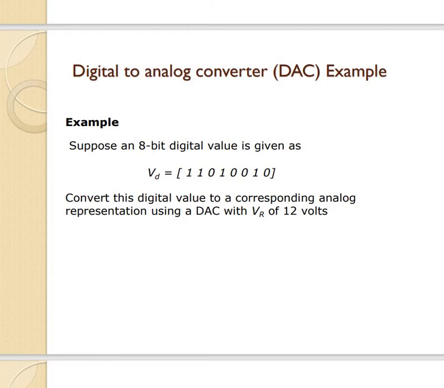So this is one of the examples. Suppose an 8-bit digital value is given as this, the binary number, the digital signal that we get. We need to convert this digital value to the corresponding analog representation using a DAC with VR of 12 volt. So this is specified, VR is normally specified.